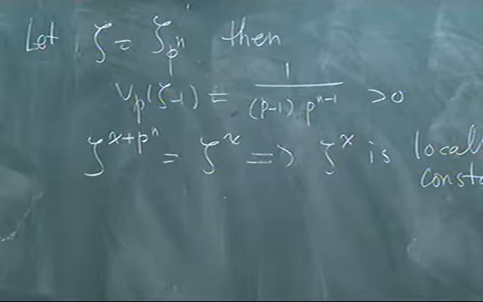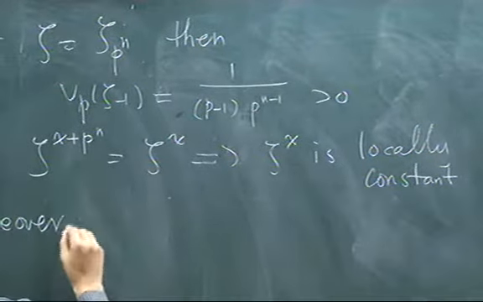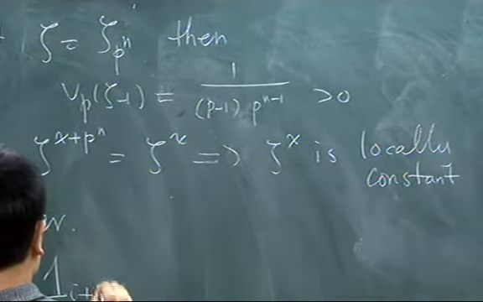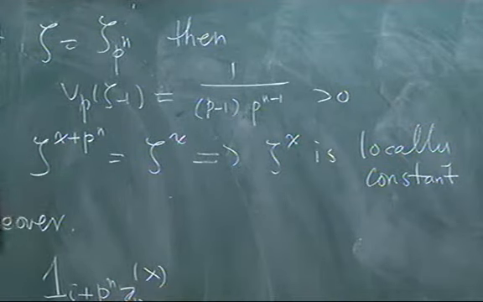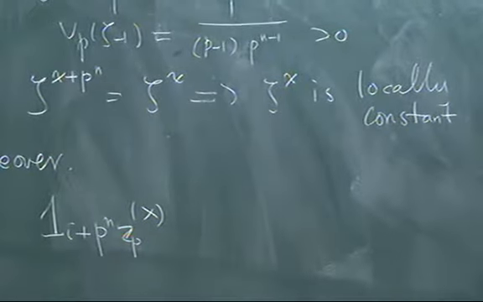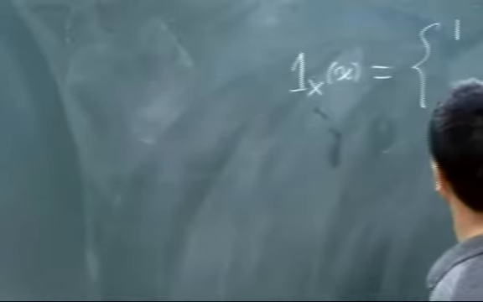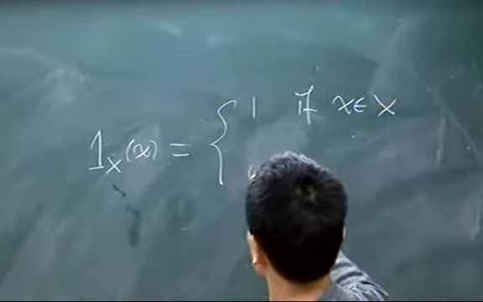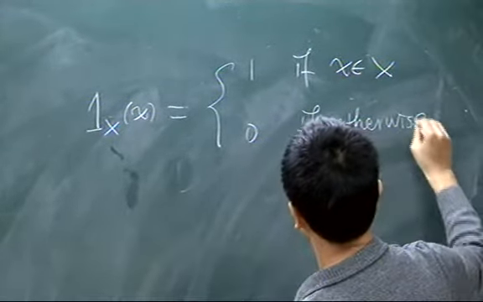And moreover, we have the characteristic function of i plus p to the n Z_p at x. This is a notation: 1_X is just the characteristic function of X. It just means it's 1 if x is in X, and 0 otherwise.